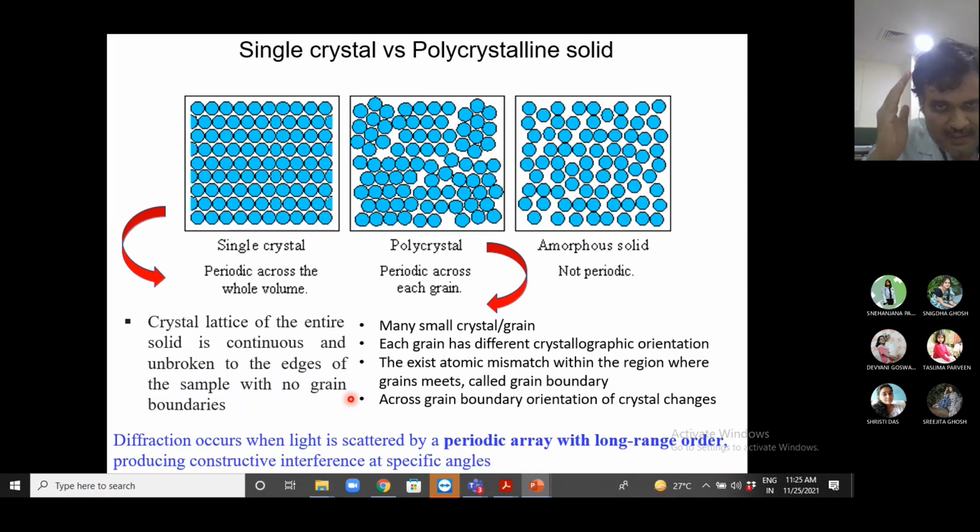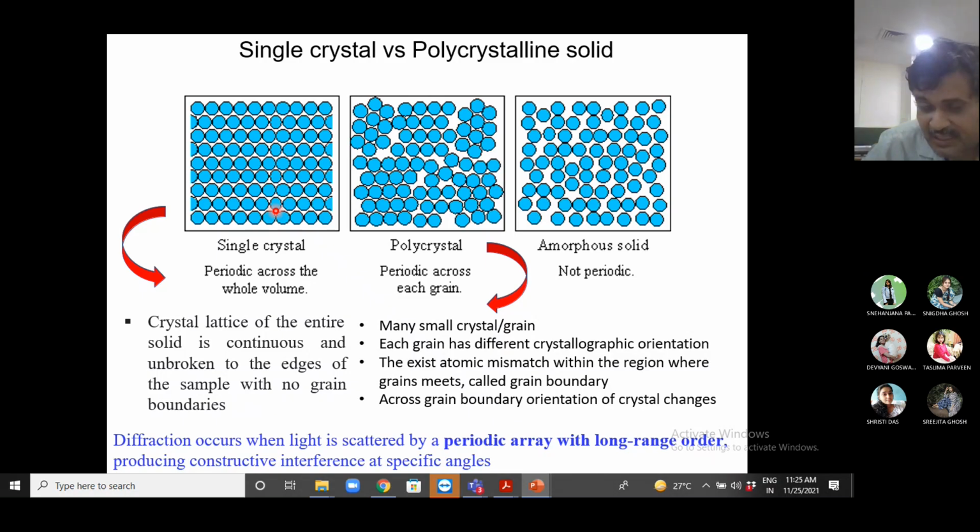Now, when this X-ray that we just generated hits this crystal, it gets diffracted. Why it gets diffracted, I am coming to that. Diffraction occurs when light is scattered by a periodic array with long range order, like this single crystal type, producing constructive interference at specific angles.